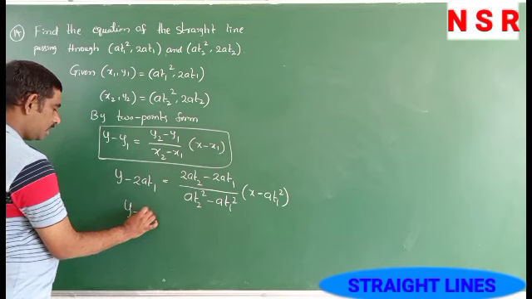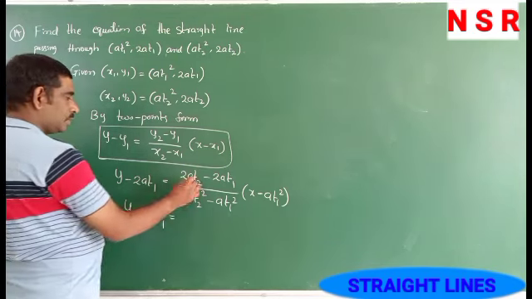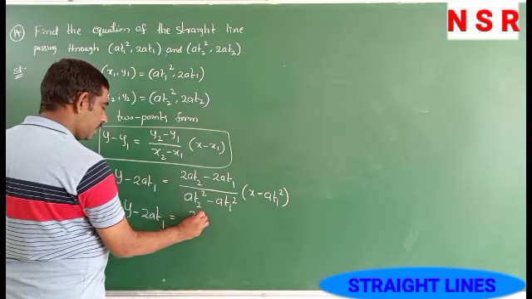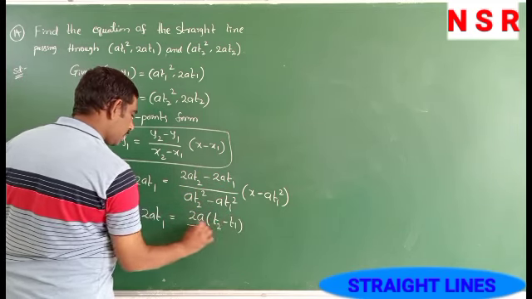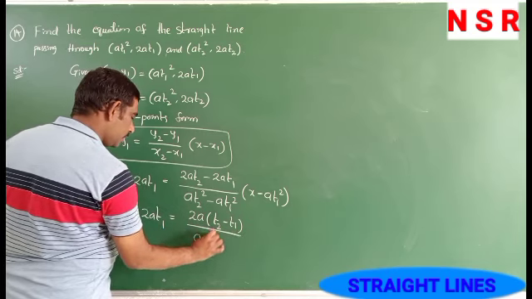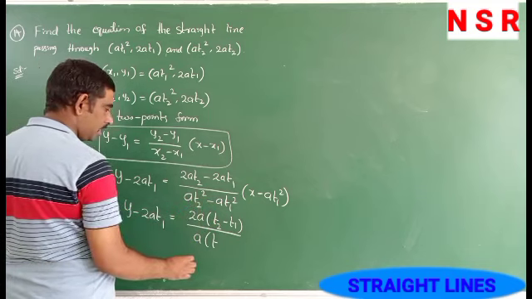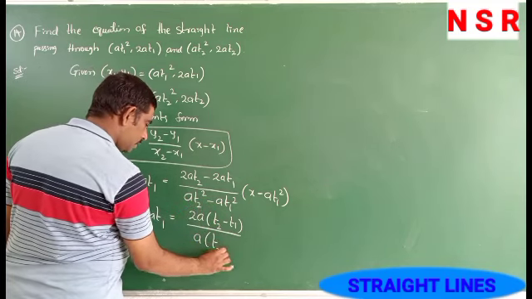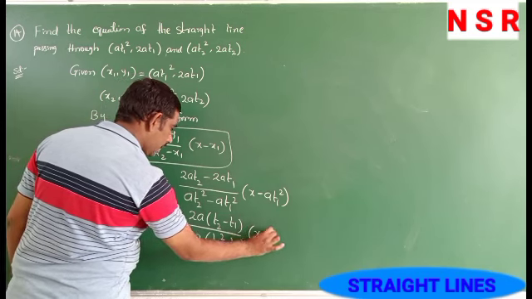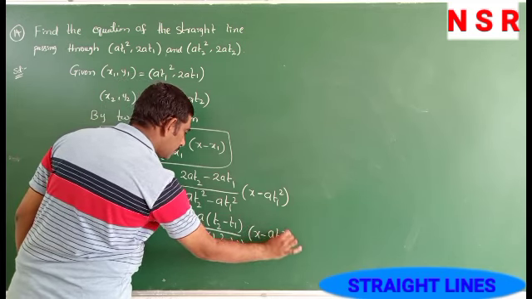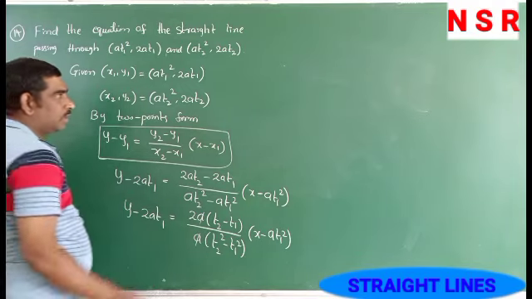So y minus 2a t1 equal to, here take 2a common, so we get t2 minus t1 by a into, here in the denominator take a common, so t2 square minus t1 square into x minus a t1 square.